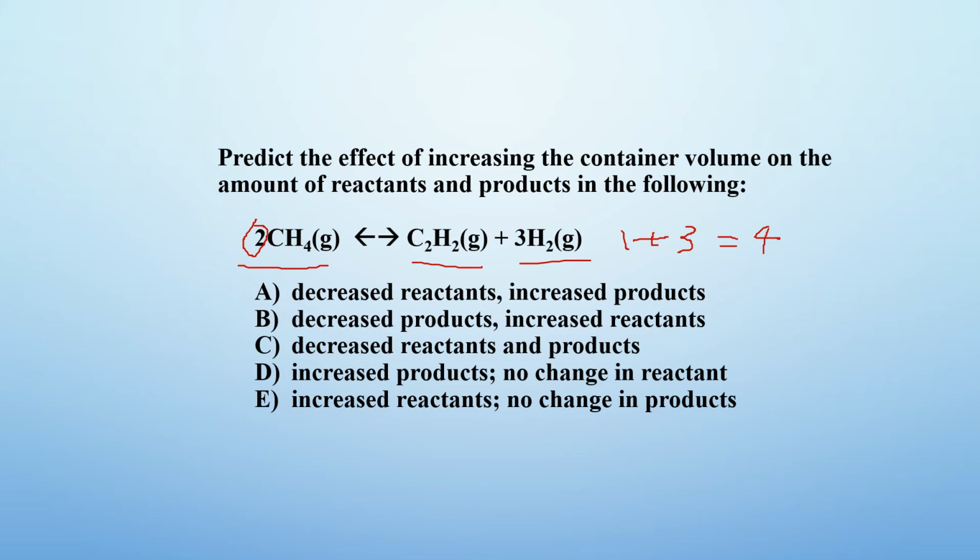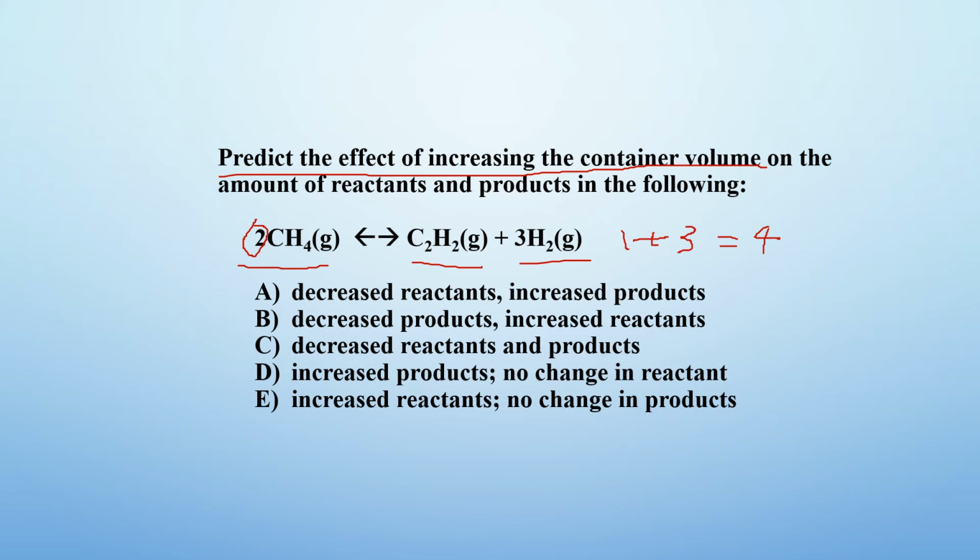The question asks, predict the effect of increasing the container volume on the amount of the reactants and the products. If we increase the volume, based on what we learned, more molecules are preferred.